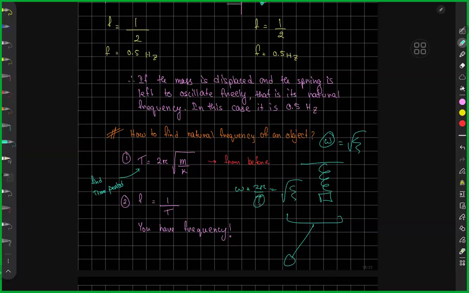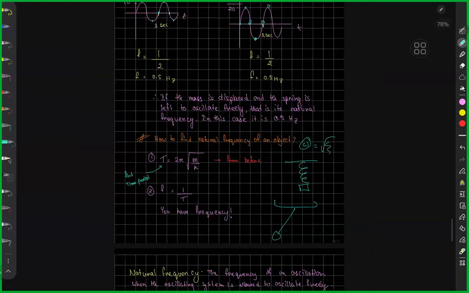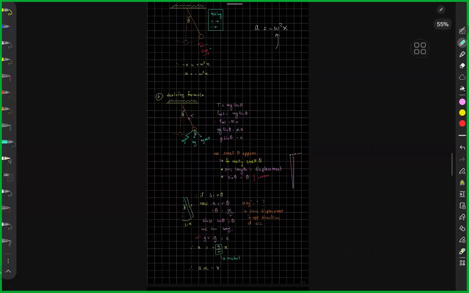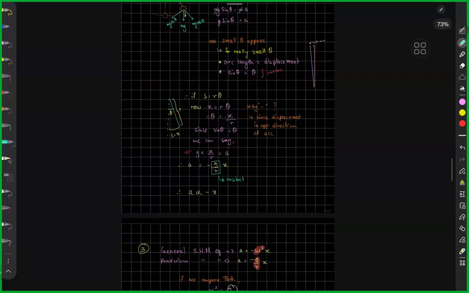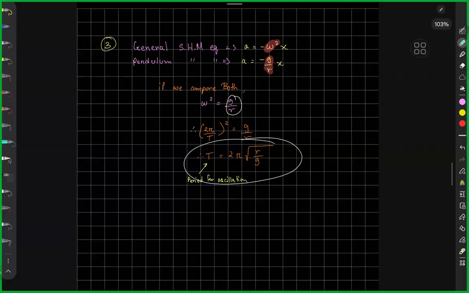So now you make T the subject and find the time period. If I just want to show you a glimpse, 17.8: over here, I found out my omega square is g by r. So my omega becomes root over g by r.